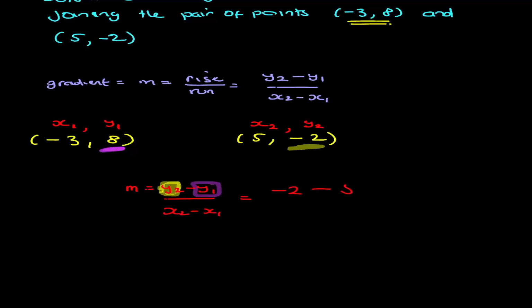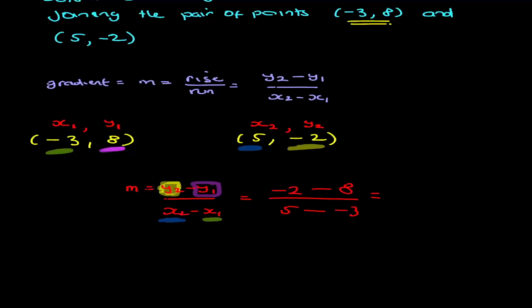Take y1, which is 8. And that's going to be on x2. So remember x2, which is our 5, minus x1. Let's just use a different highlighter color. So x1, which is -3. So yeah, just be careful of those double negatives.